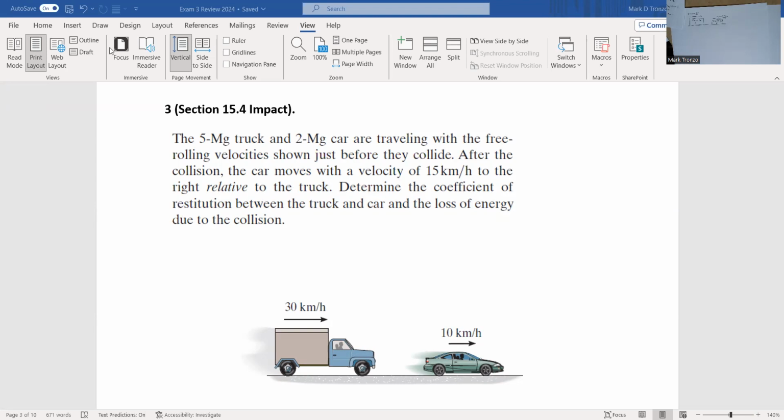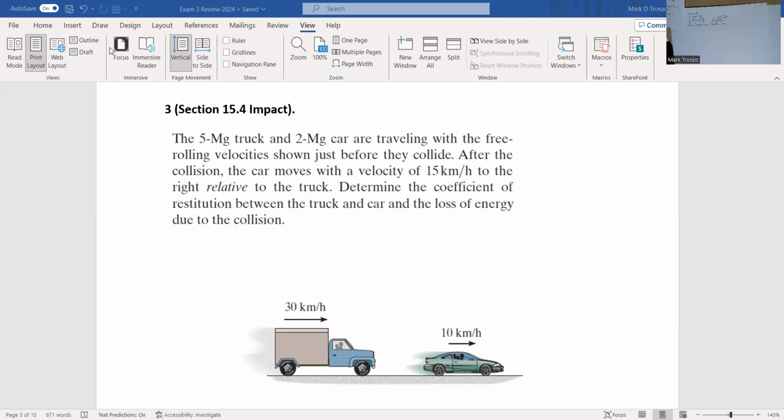And after collision, the car moves with a velocity of 15 kilometers per hour to the right relative to the truck. Determine the coefficient of restitution and the loss of energy due to the collision.